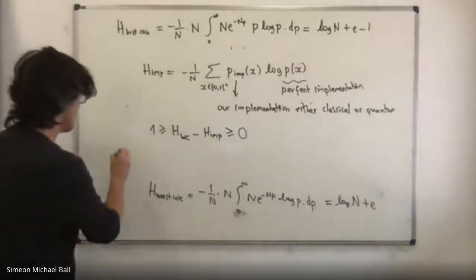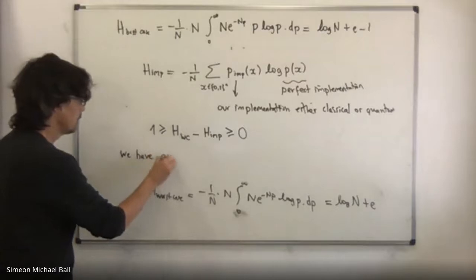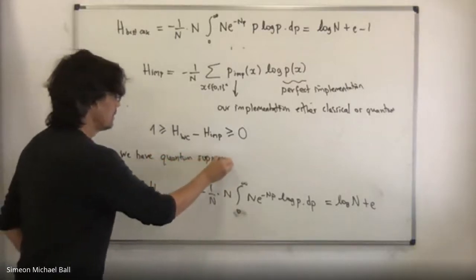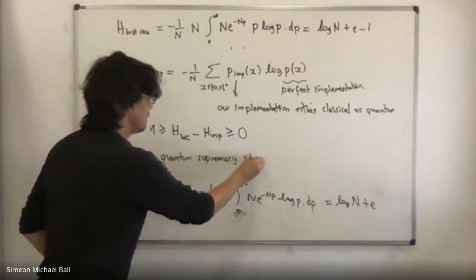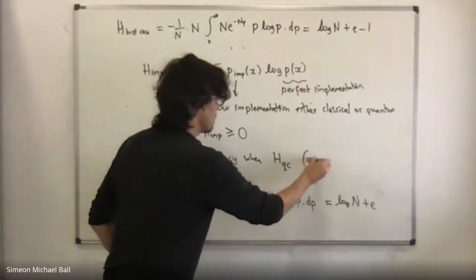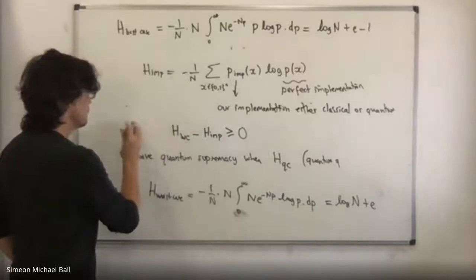And this is going to be the n then. So we have quantum supremacy. So let's pull this up again.